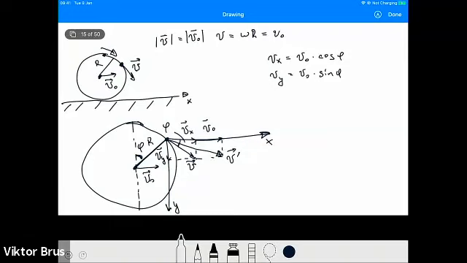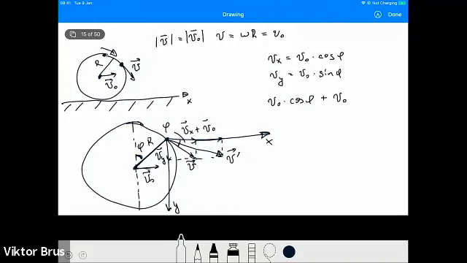Then we keep in mind that along axis x, we have two components, Vx plus V naught. So that's why our total velocity along the axis x component will be V naught multiplied by cosine phi plus V naught.